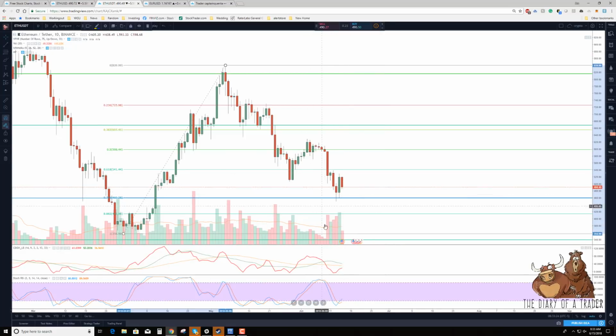We can couple that with looking at the low here in our composite index that is sloping up, and then we look at the stochastic RSI as well, which is sloping up and coming out of oversold territory.